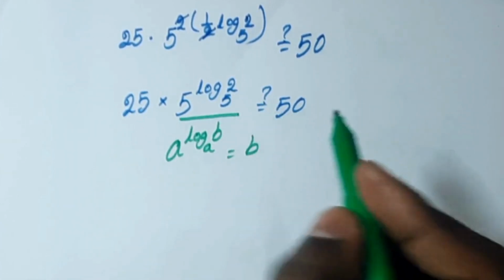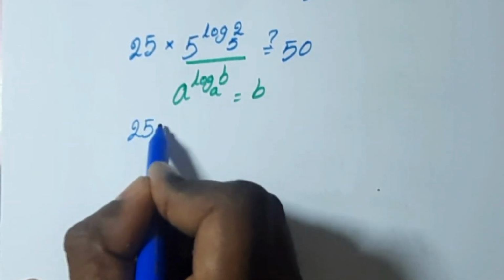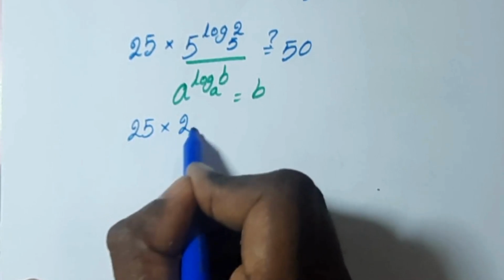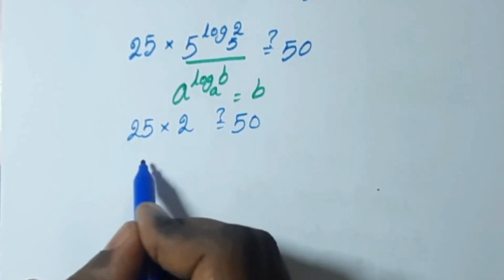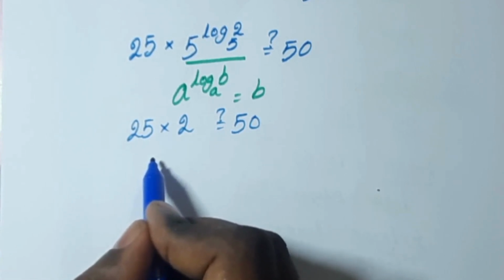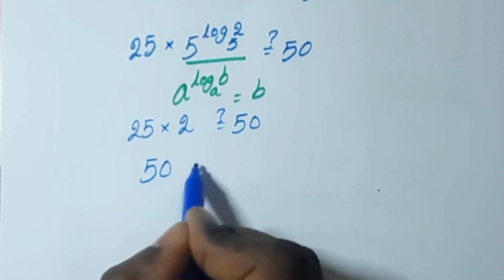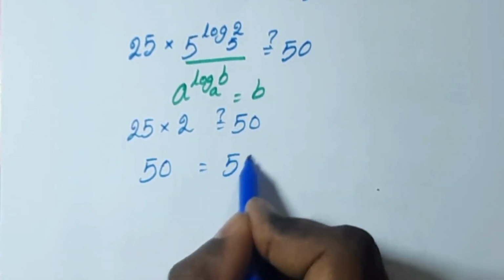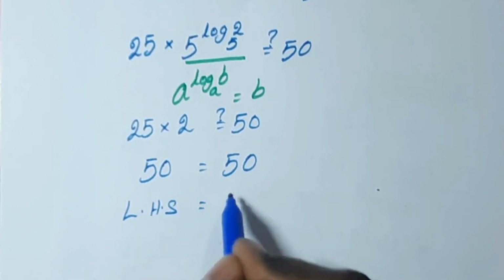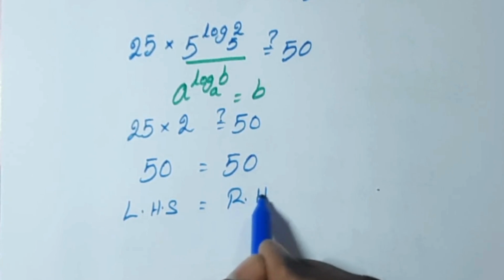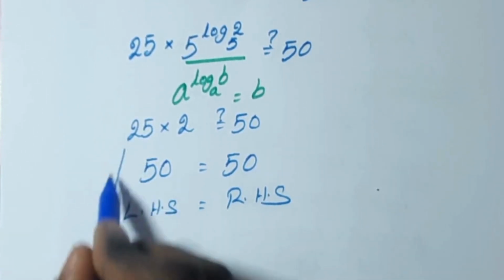We are going to apply this here. 25 times of 2 equal to 50. So 25 times of 2 is 50 equal to 50. So LHS equal to RHS. That's verified.